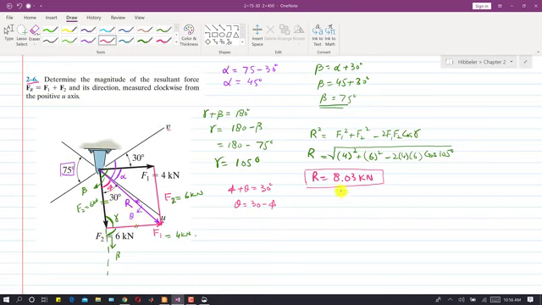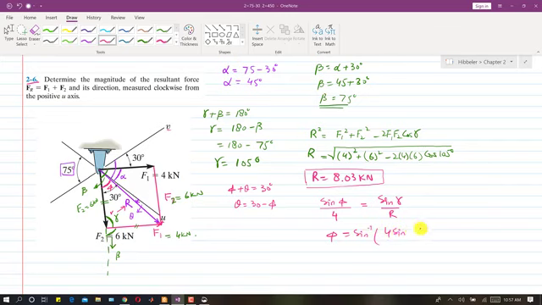So if I apply sine law, sine of phi divided by the magnitude of the opposite side, this F1, so divided by 4, equals sine of gamma divided by R, the opposite side of this angle. So phi is equal to sine inverse of 4 sine of gamma divided by R.